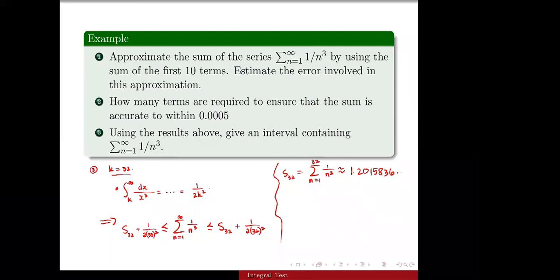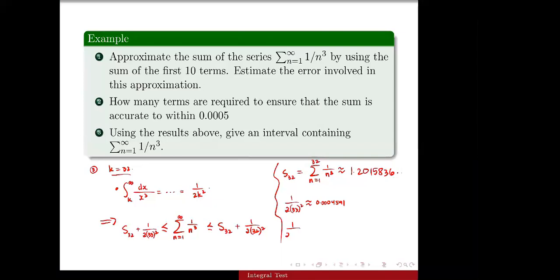And then let's have 1 over 2 times 33 squared. This is approximately equal to 0.000454591.